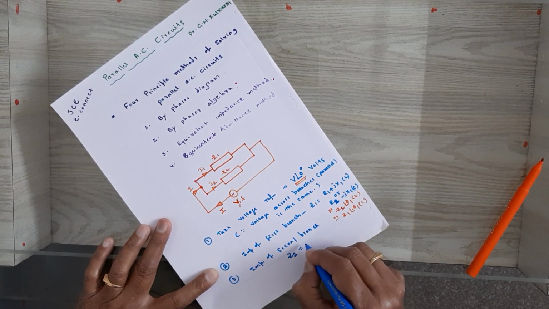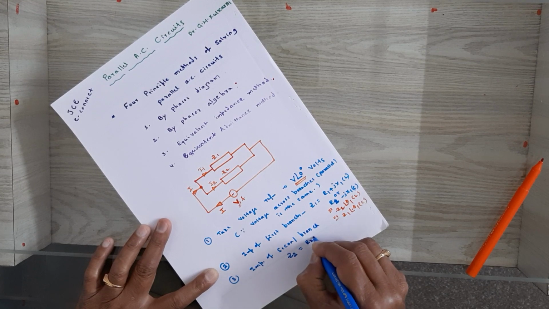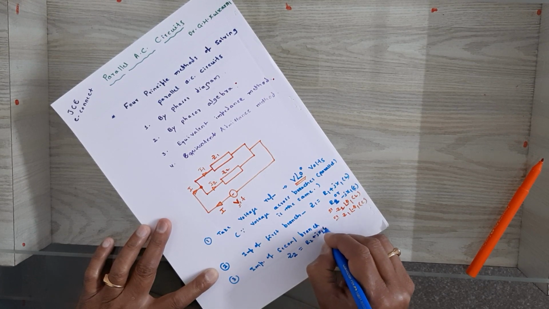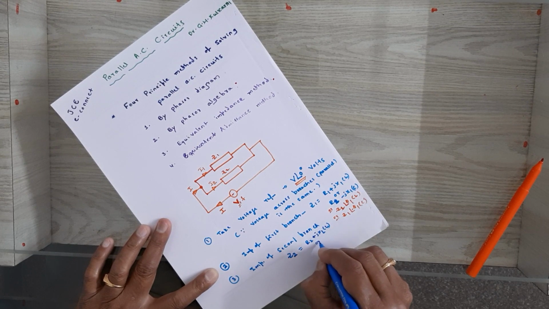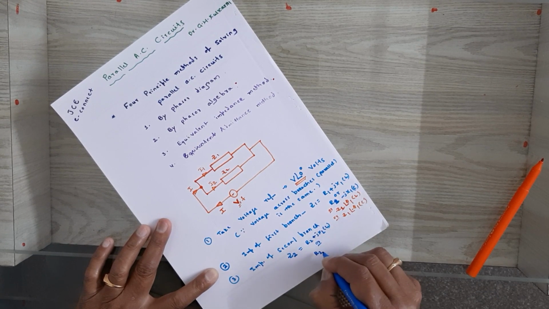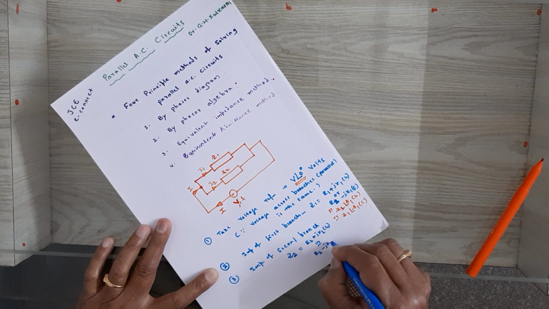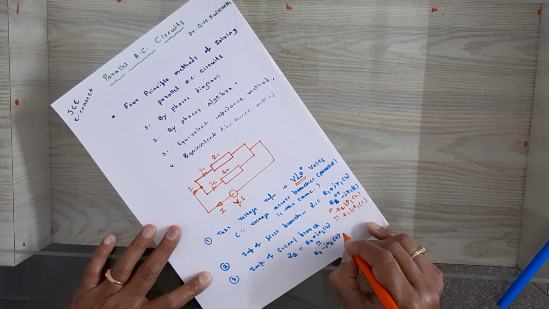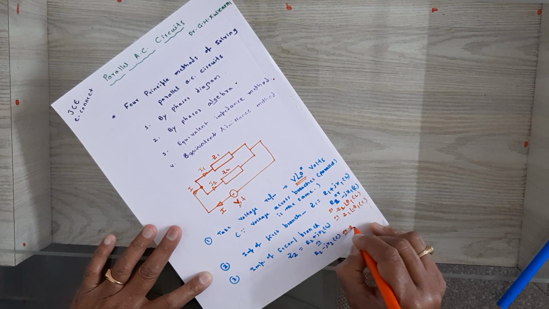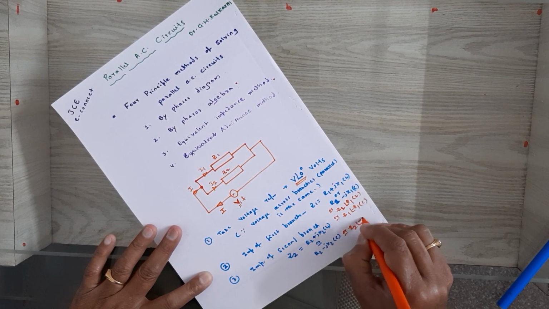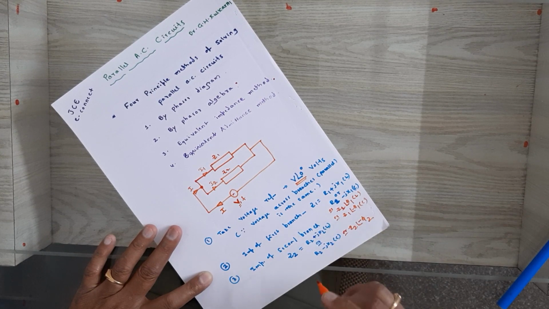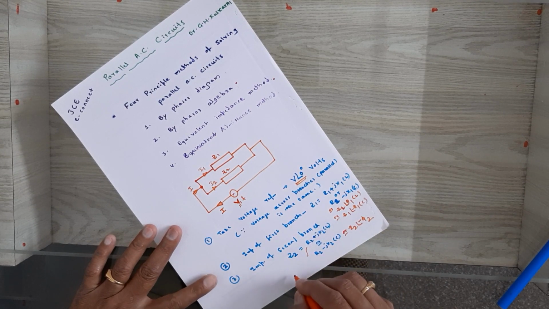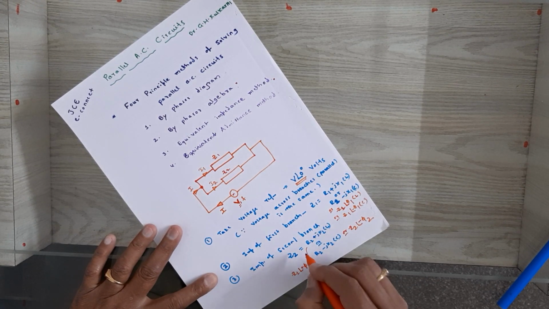Z2 may be R2 plus jX2 if it is inductive reactance, or R2 minus jX2 in the case of capacitance. In polar form, it is Z2 at an angle of plus phi 2 in the case of inductive reactance, or Z2 at an angle of minus phi 2 for capacitance.